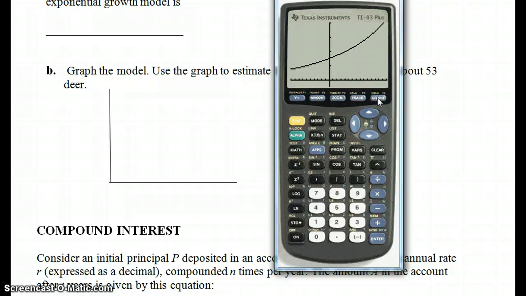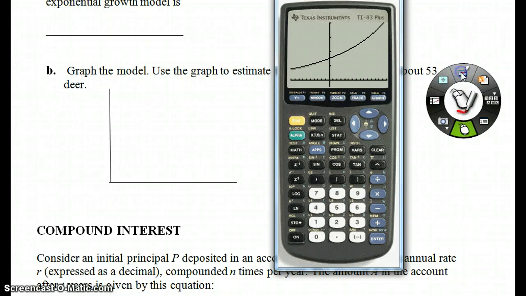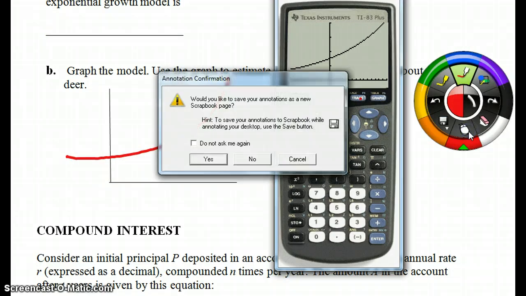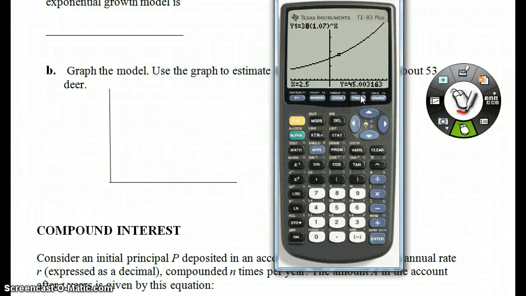So when you're graphing and you're asked to approximate where we would get 53, again, just kind of hit trace, and we're looking for 53, and it looks like around year 5 we would find 53 buffalo.